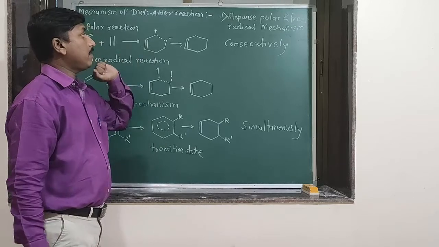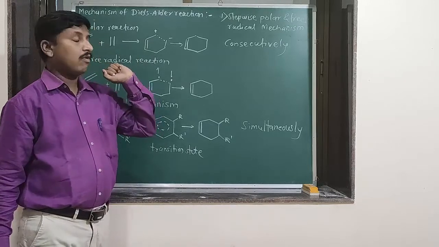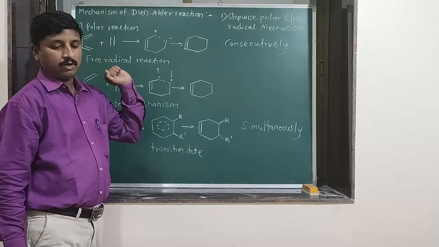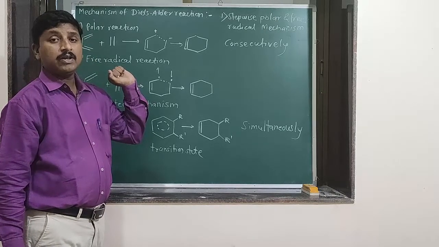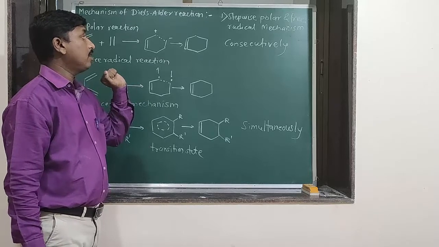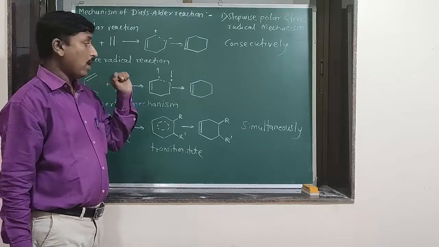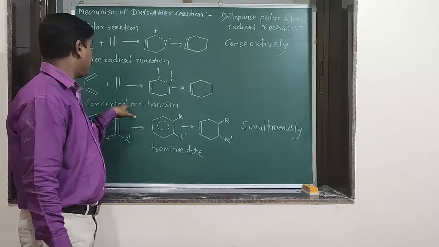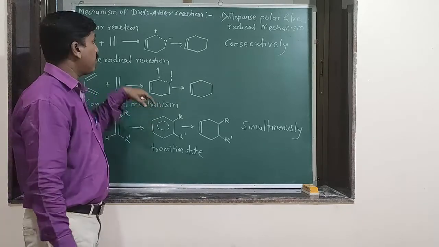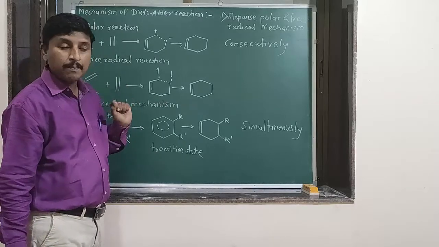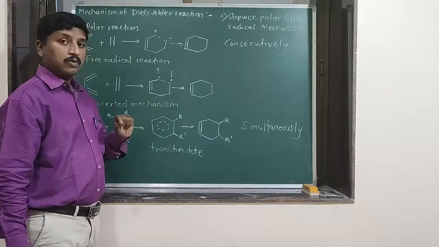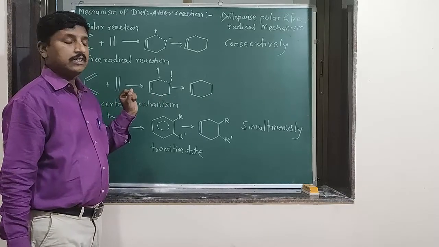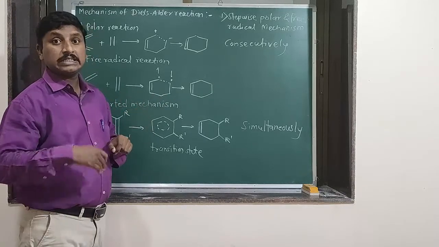The stepwise polar and free radical mechanism believes the bond formation takes place consecutively, while the concerted mechanism, which is the most accepted mechanism as compared to the stepwise polar and free radical mechanism, considers the bond formation to take place simultaneously.